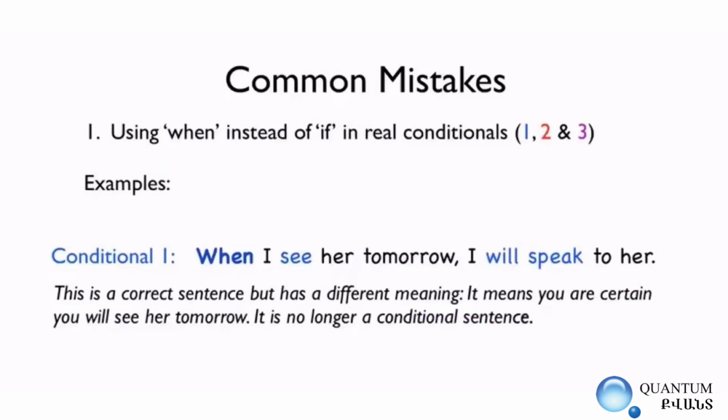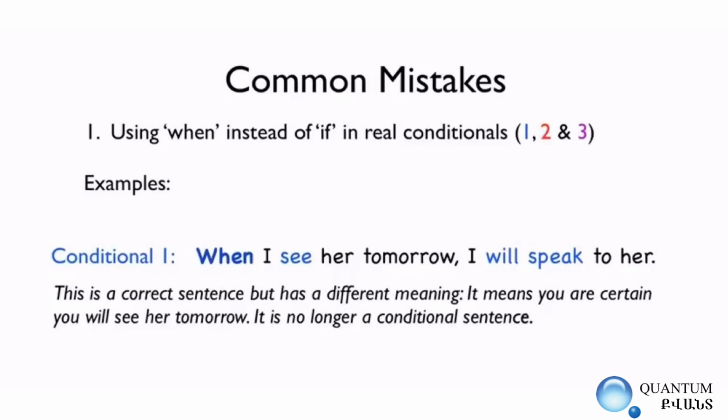Now let's have a look at common mistakes that students usually make when writing their conditional sentences. So the first one is using when instead of if in real conditionals. So you are to remember that when is to be used in conditional 0.